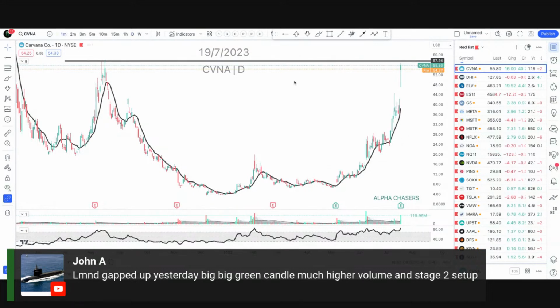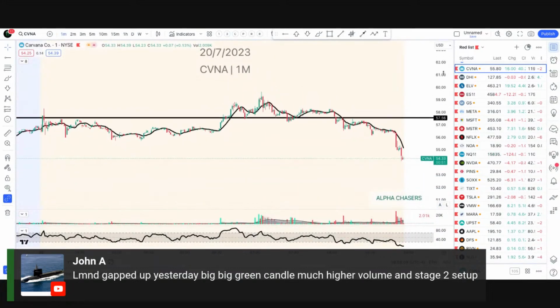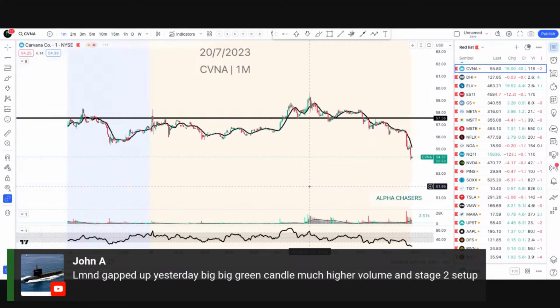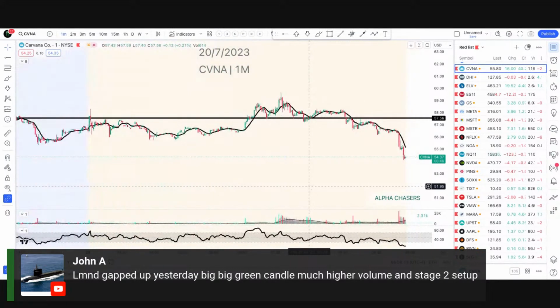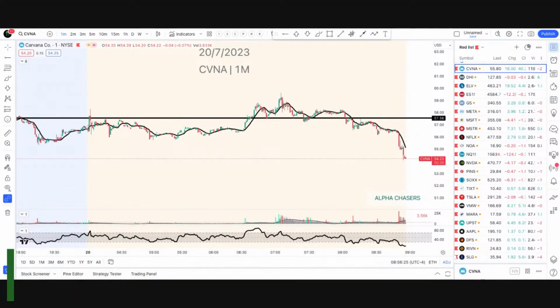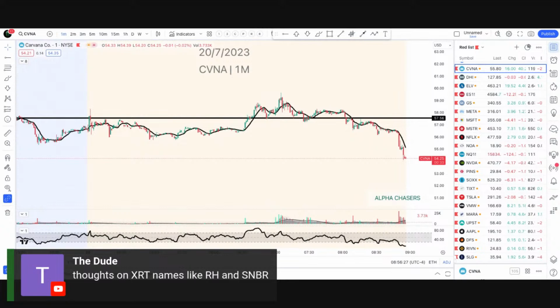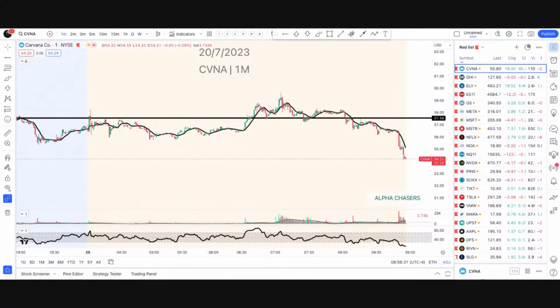Let's see what's going on here. Let's see this for a second. All right, let's just keep going here. That's interesting. I like that LMND. XRT, names RH, SNBR.